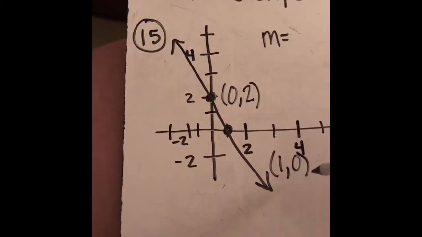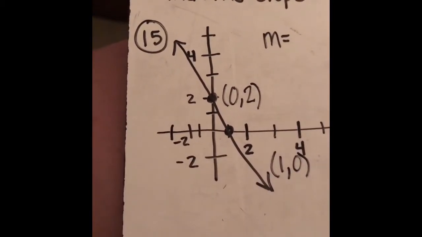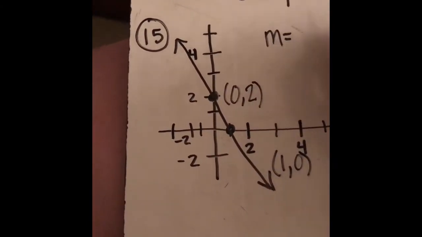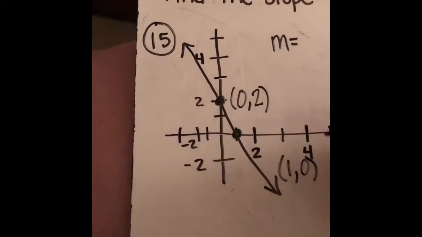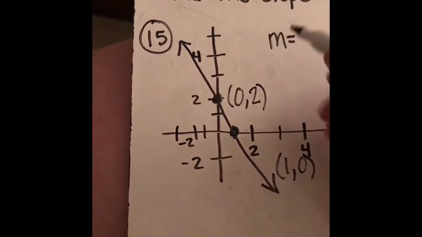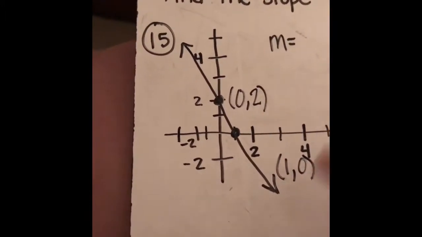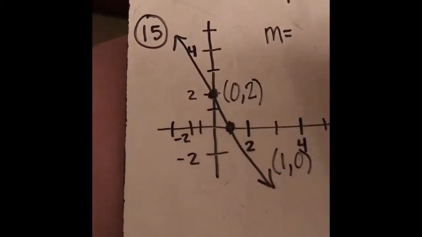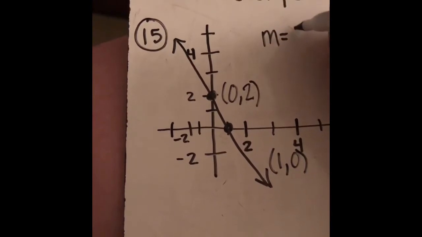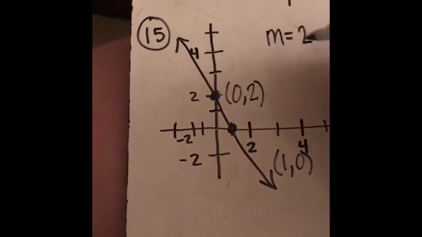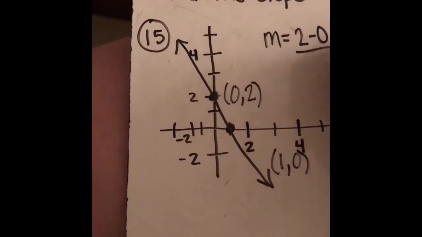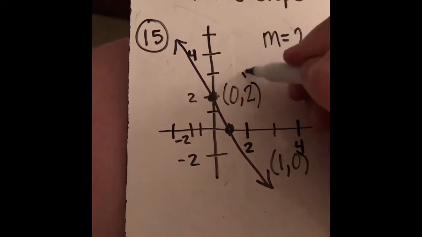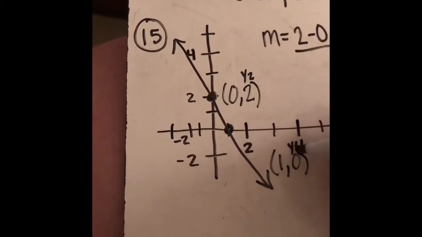Okay, so if we're going to plug it in, we have m equals... I always go with the bottom as my y2. So this is going to be my 1, and this will be my 2. So we have 2 minus 0, because this is y2 and that's y1.